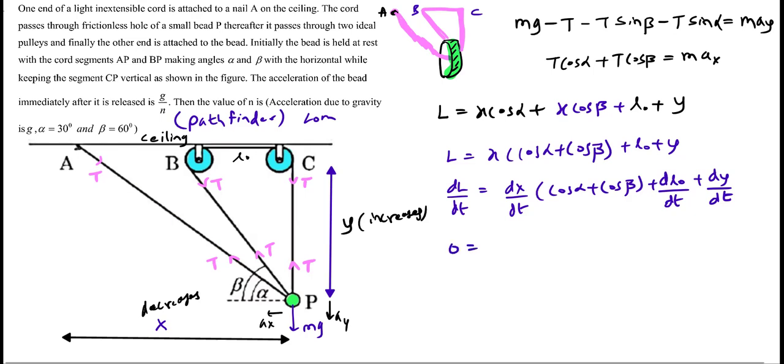This should be 0, because the overall length of the string should remain constant. The string is an inextensible cord, cord meaning string here. So this will be constant, and based on that, dL by dt will be 0.